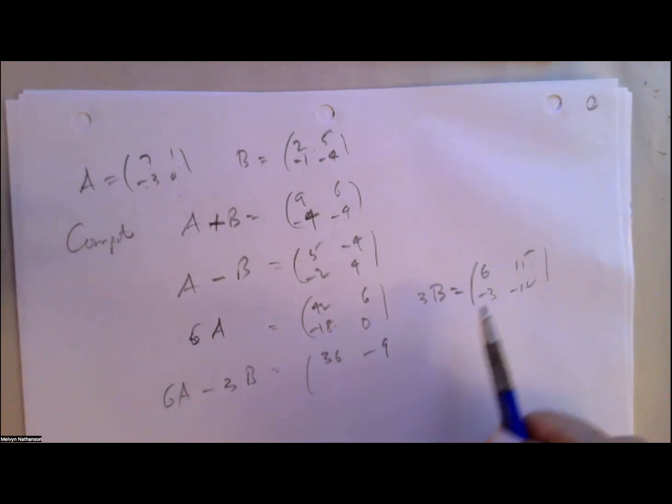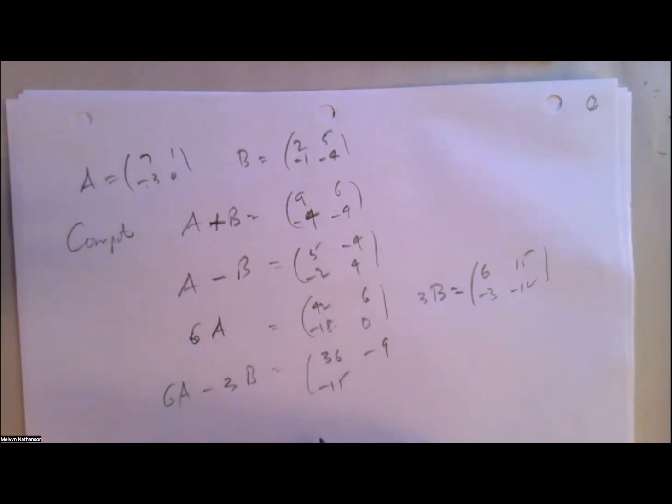Minus 18 plus 3 is minus 15. 0 plus 12 is 12. So this is matrix addition and scalar multiplication.